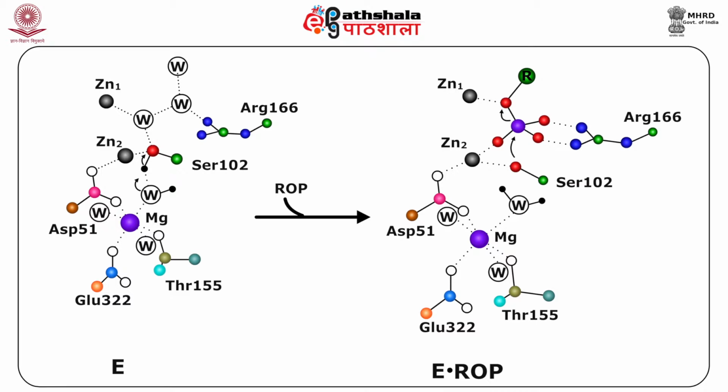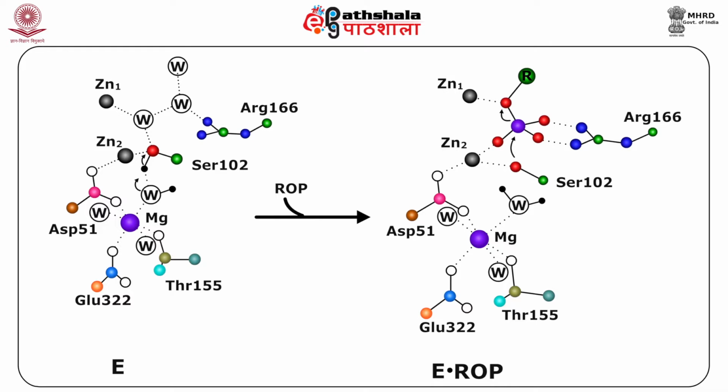Magnesium has a coordination number of 6 and is coordinated to oxygen atoms of aspartate 51, threonine 155 and glutamate 322, and 3 oxygen atoms from the 3 water molecules different from the earlier ones.